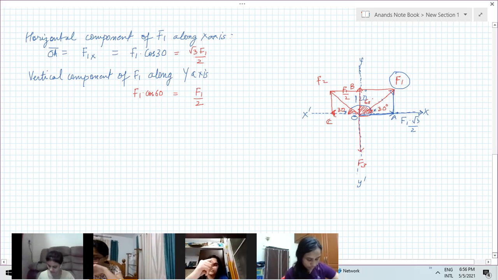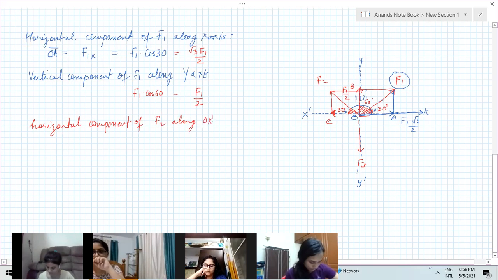Chaitri, can you tell me what will be F2 along OX dash? It's root 3 F2 by 2. So the horizontal component of F2 along the x-axis or OX dash is going to be equal to F2 cos 30.